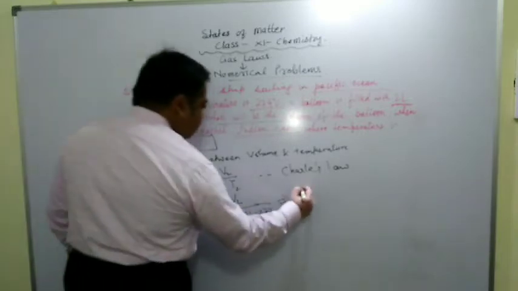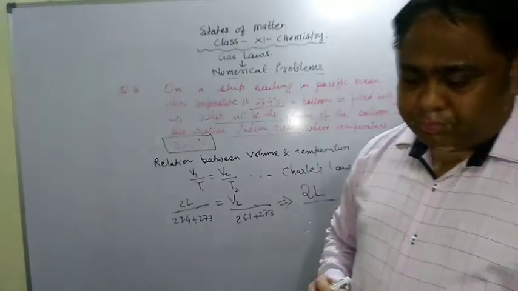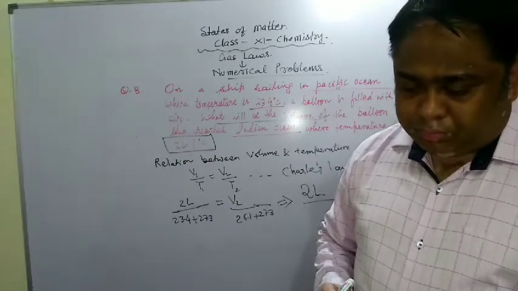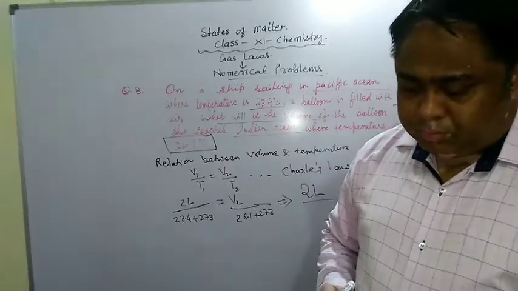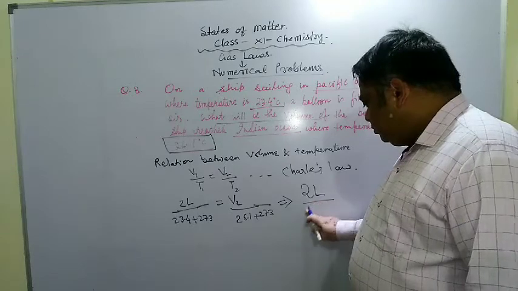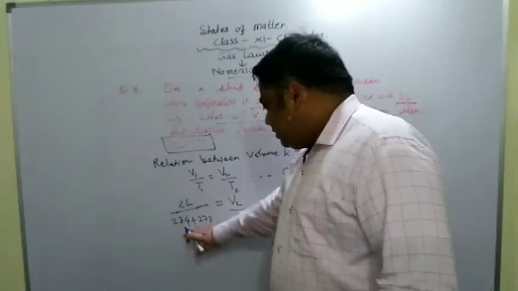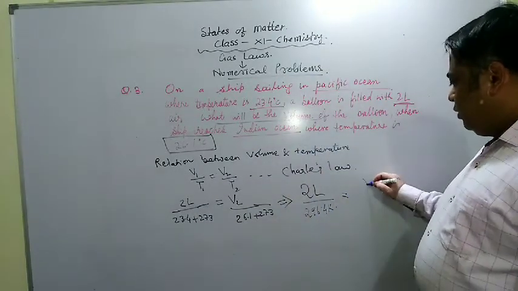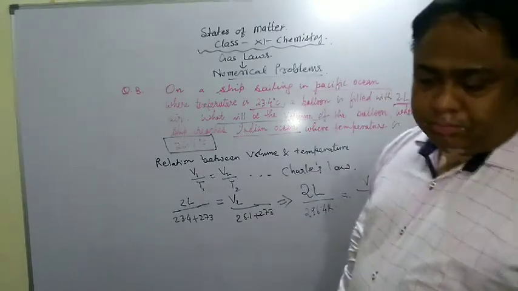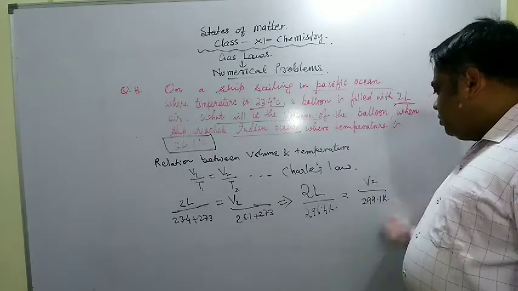This implies 2 liter by 296.4 Kelvin is equal to V2 by 299.1 Kelvin. So V2 we have to find out.